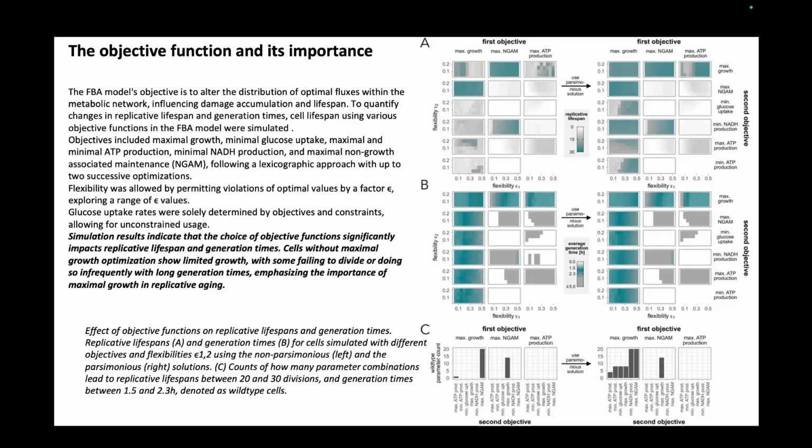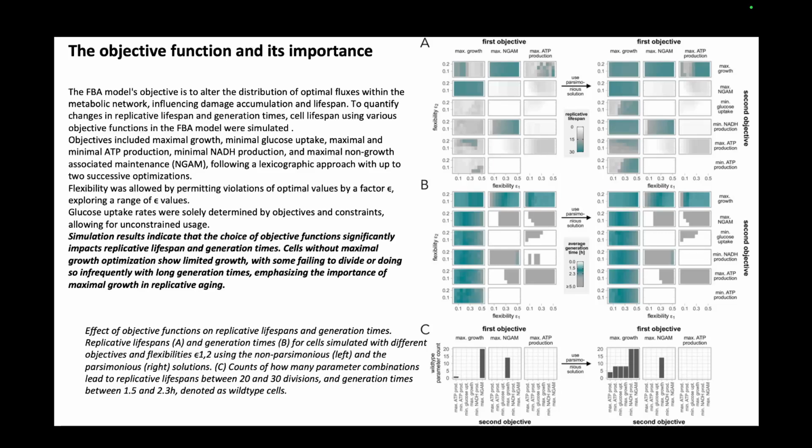You find the optimal solution for this particular case. Again, we've discussed this earlier, but the objective function is actually the most important part of this whole thing, because the FBA model's objective is to alter the distribution of optimal fluxes within a metabolic network, influencing damage accumulation and lifespan.